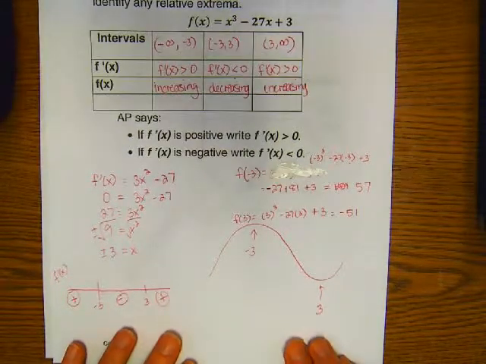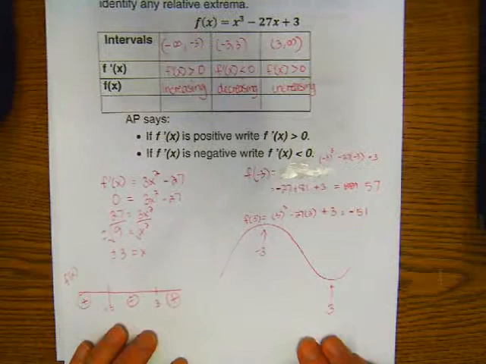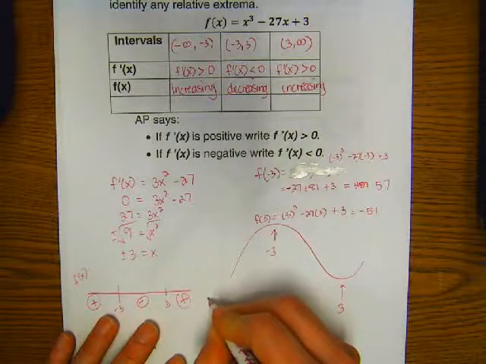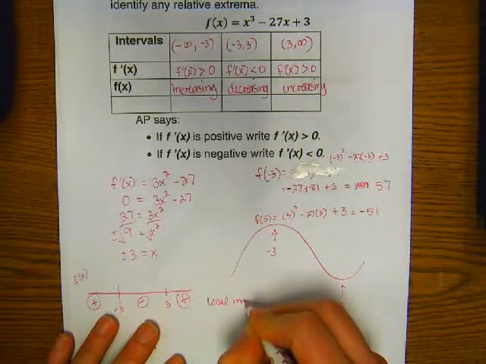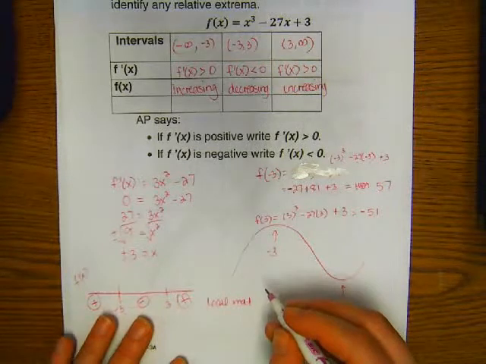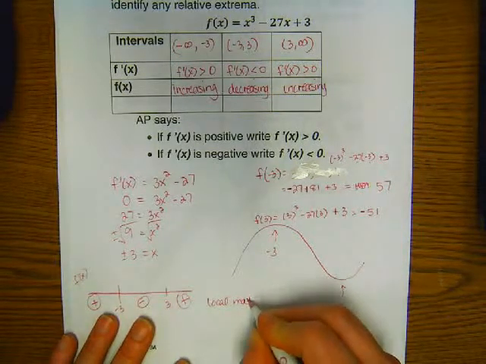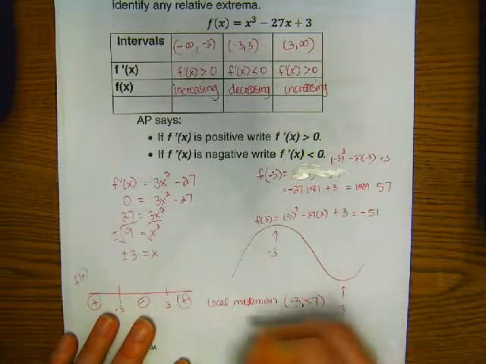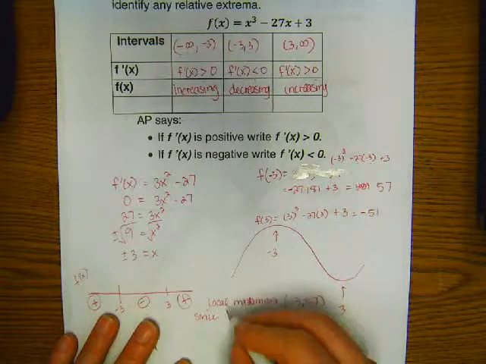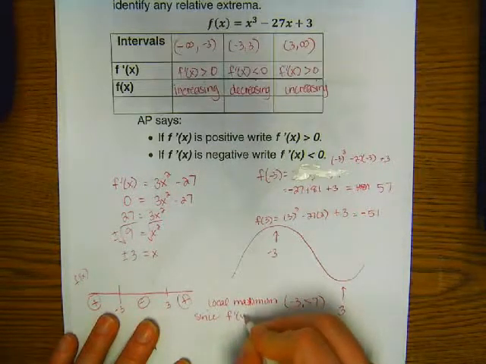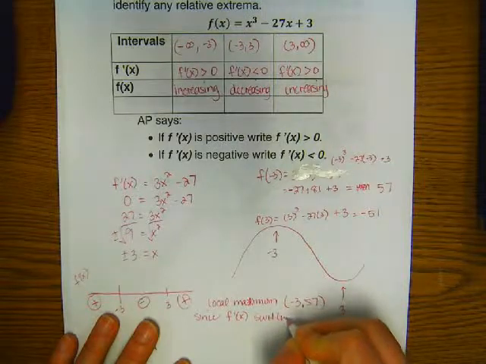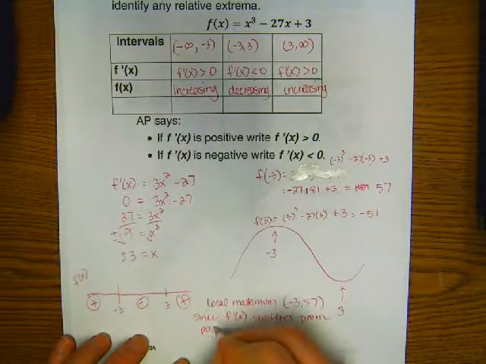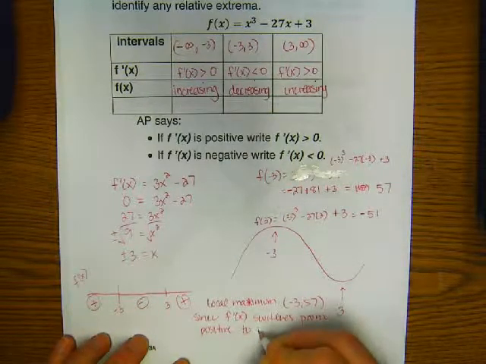So if I was writing this up, my justification would be to use the first derivative to do that. So there's a local max of 57 at negative 3, since f prime of x switches from positive to negative.